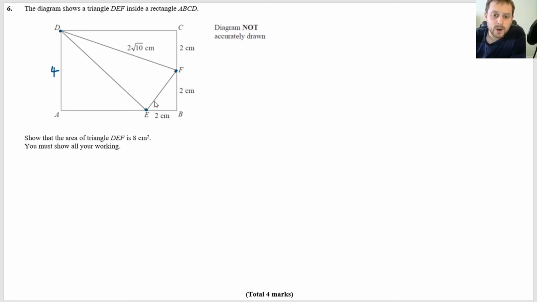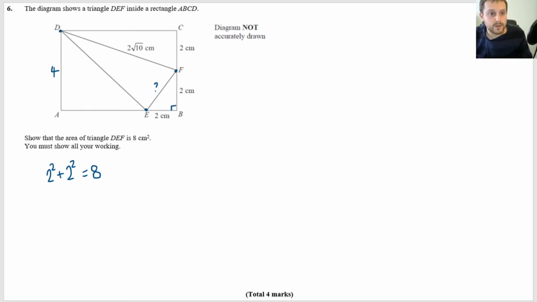Okay, so let's figure out this one first of all. So what I would have for this one here is 2 squared. So I'm going to use Pythagoras because it's a right angled triangle. 2 squared plus 2 squared, which is 4 add 4 is 8.